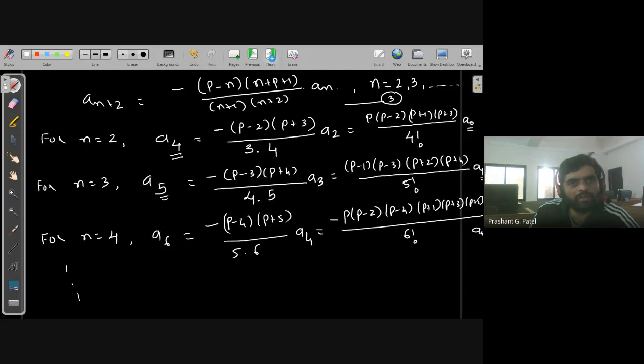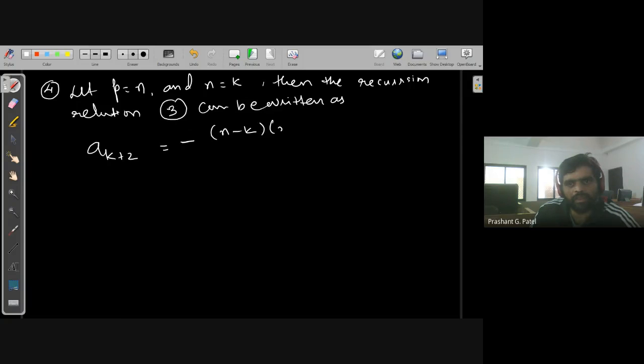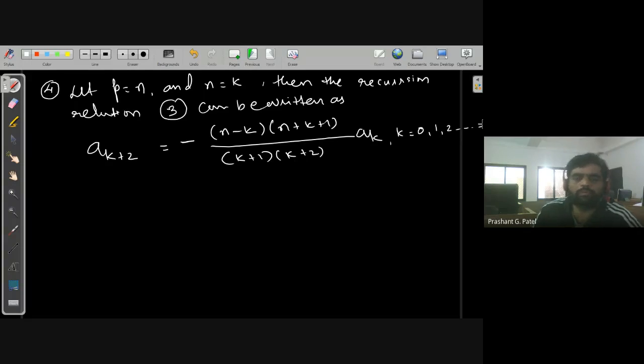So that recurrence relation 3 can be written as a k plus 2 equal to minus of n minus k, n plus k plus 1 upon k plus 1, k plus 2, ak, where k is running from 0, 1, and so on.